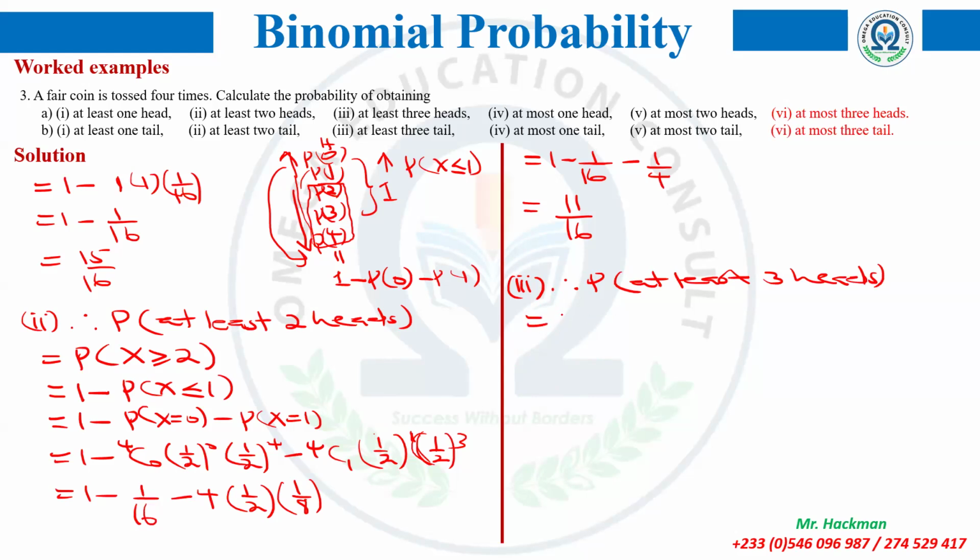That would be P(X) greater than or equal to 3. Not just equal to 3. You can even use your fingers. Greater than or equal to 3 will be X is equal to 3, X is equal to 4. I hope you are with me.